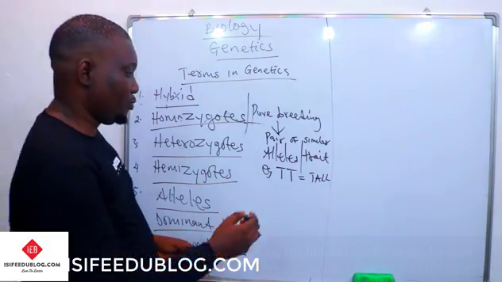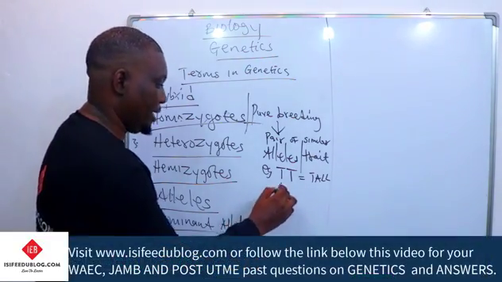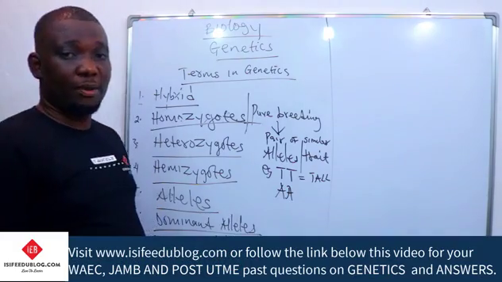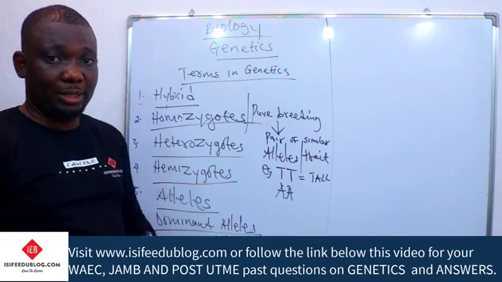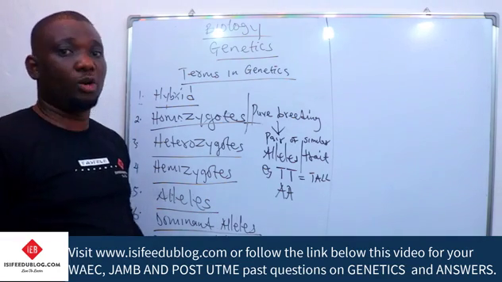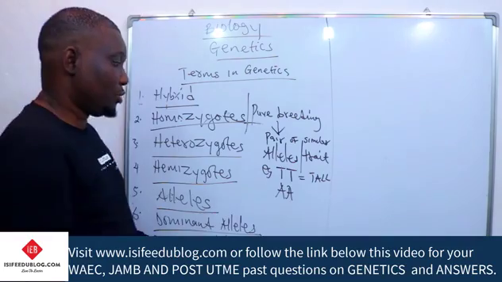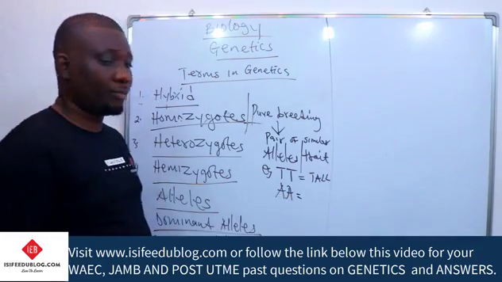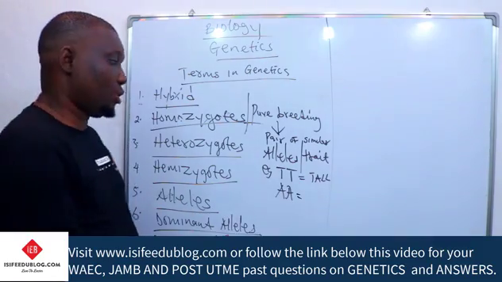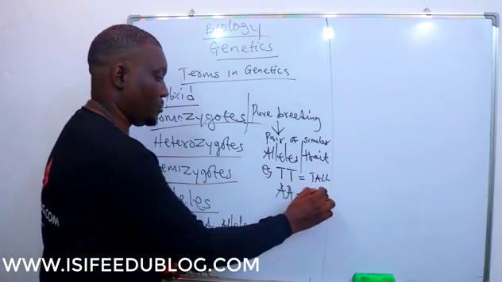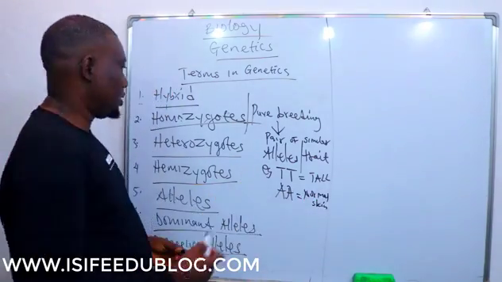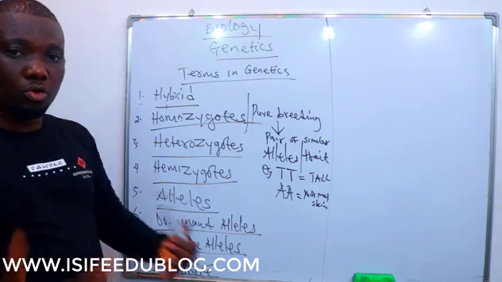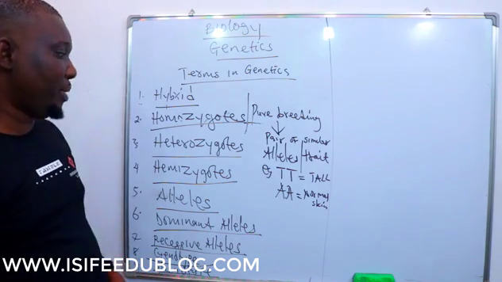We can have a case where we use AA. Most times I can use this AA since it is a pair. The two genes are the same. They are a pair of similar traits. So this can connote skin color, or normal skin color. It is pure breeding or homozygotes, a similar pair.